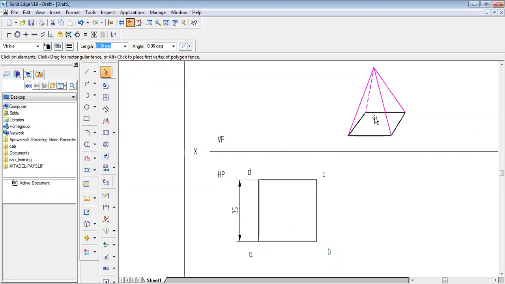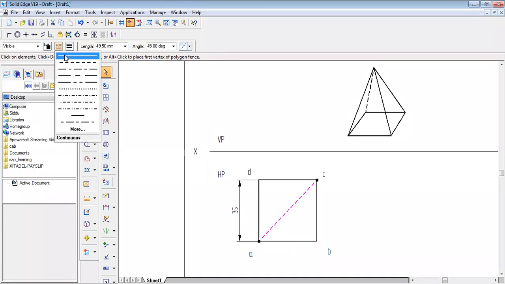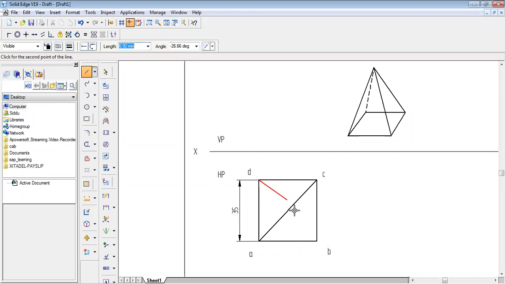So in a pyramid, by default you connect these corner points by thick and continuous lines. Why? Because by default you have to do it, friends.